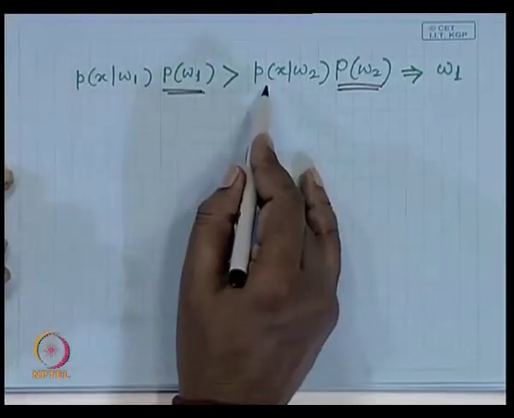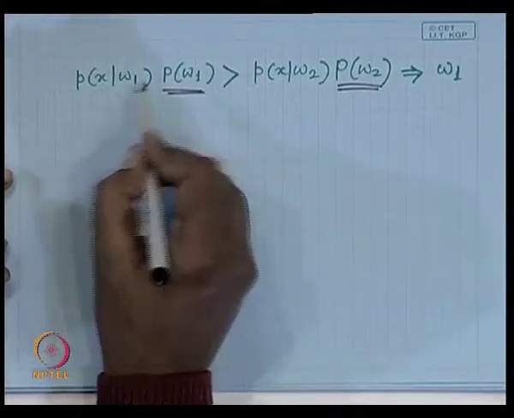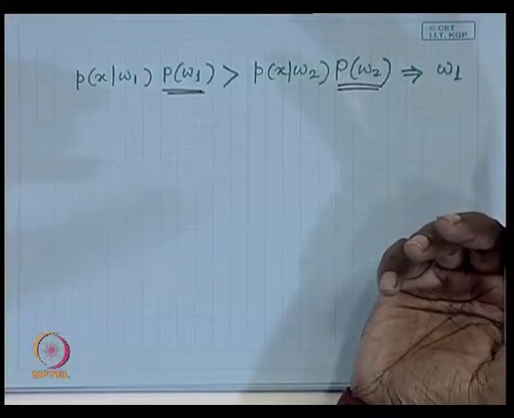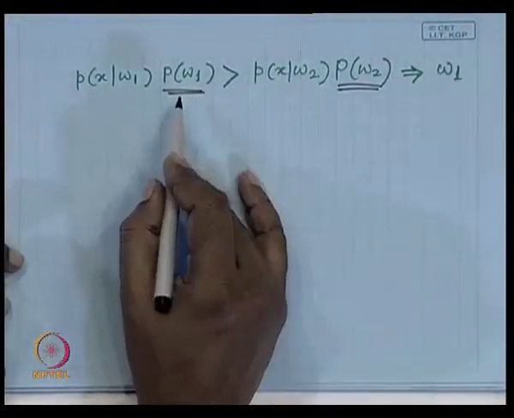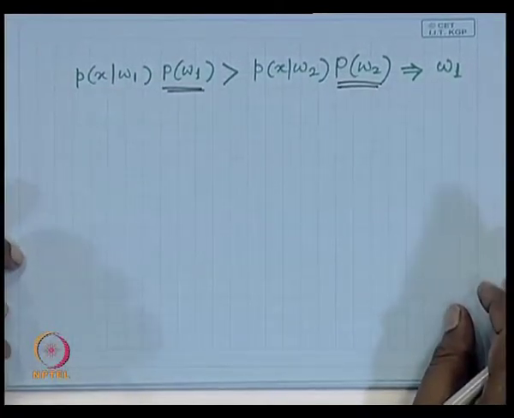Whereas, if P of x given omega 1 and P of x given omega 2 are equal for a given x, okay, then my decision is based on the a priori probabilities P of omega 1 and P of omega 2. Okay. So, if I cannot take a decision based on the observation, I make use of a priori probability. If I cannot take a decision based on a priori probability, I make use of the observation. In other cases, you consider both to take your decision.